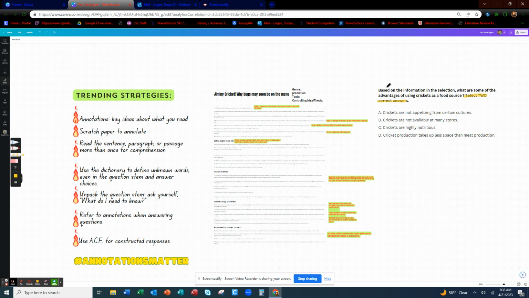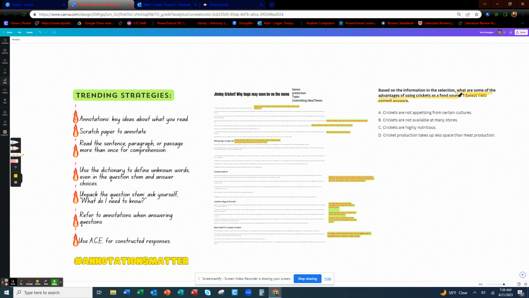Okay. And then here, you need to decide, what is this question asking me and what is it that I need to do? What they want to know here, what are some of the advantages of using crickets as a food source? What do I need to do?